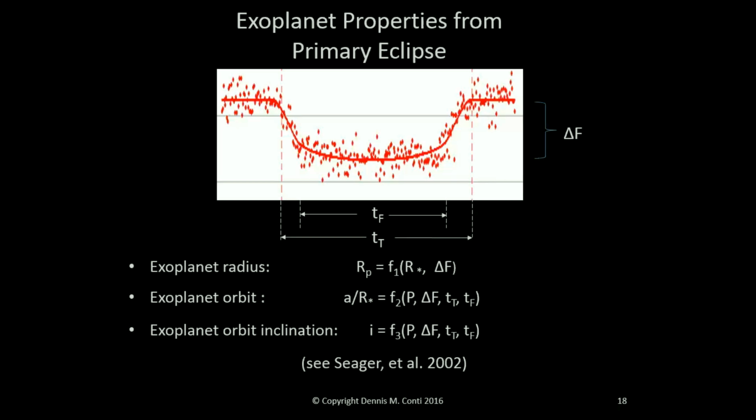The formulas for coming up with these relationships can be found in a paper by Seager and others in 2002. So that concludes some background on the different notations used with respect to stars and planetary properties, as well as some important relationships.